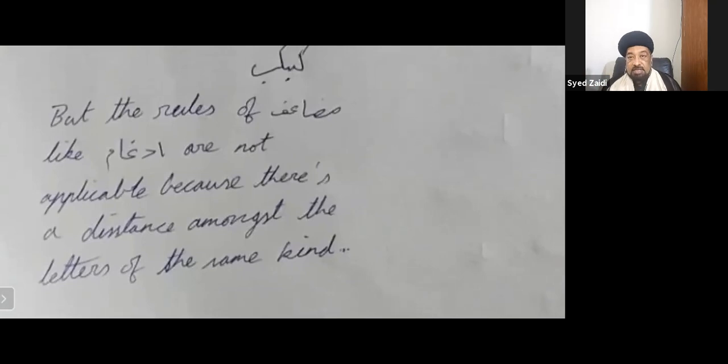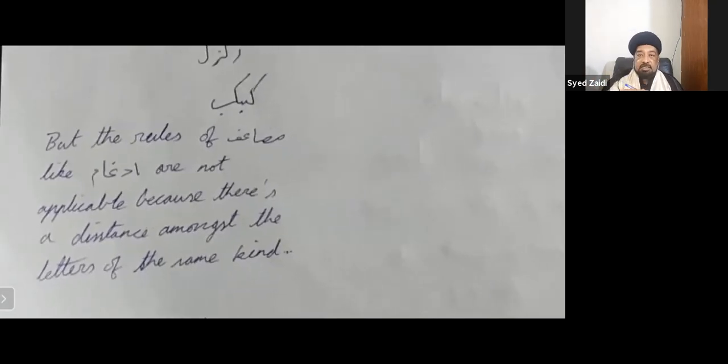The first letter is mudgham, the second letter is mudgham fi. You have learned that before. I don't need to repeat that again. So if there is a distance between the two letters, like zalzala or kabkaba, even though it is a mudha'af, because there is a distance between the two letters, idgham cannot happen, a merger cannot be possible.